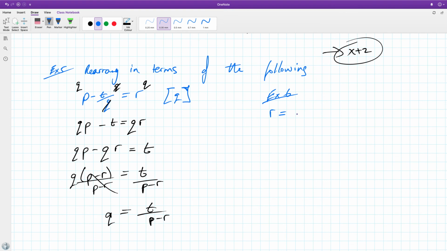R is equal to Q squared minus PR over Q plus P. Express P in terms of the rest. So express P in terms of the rest.